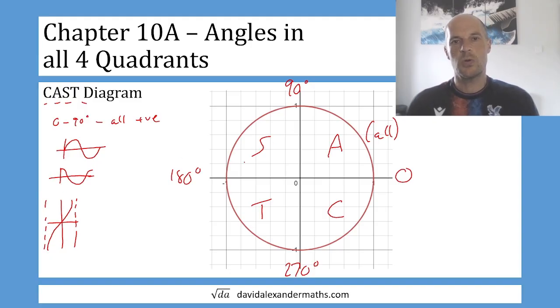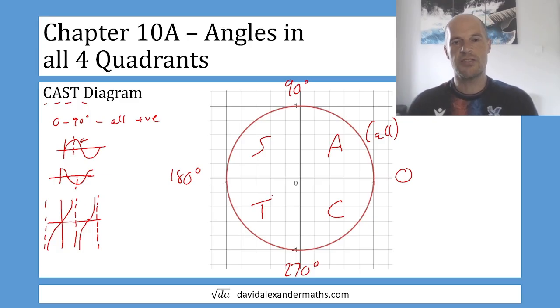Now, in this quadrant here, between 90 and 180 degrees, only sine is positive. So this part here of the sine curve is positive. The others will be negative. We can see here, this is 90, this is 180, cos is negative. And tan, if I draw in another tan curve, so this is 180 degrees here, we are getting negative values for tan.